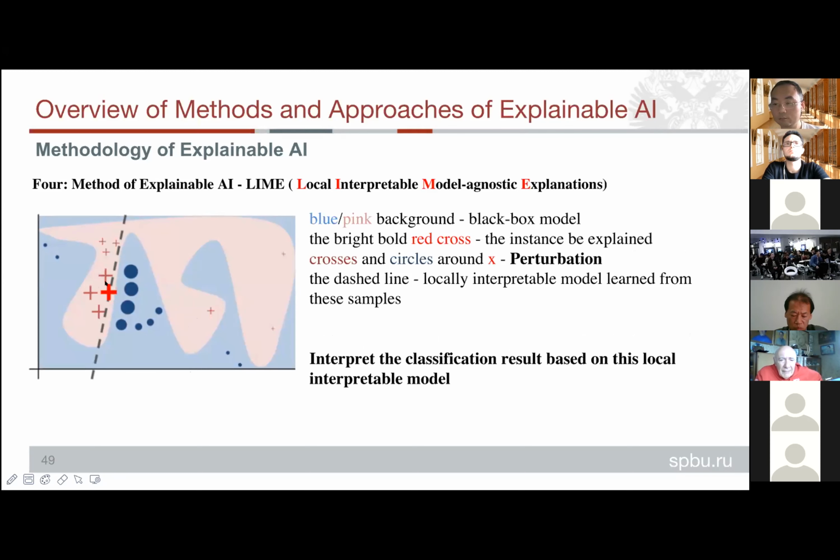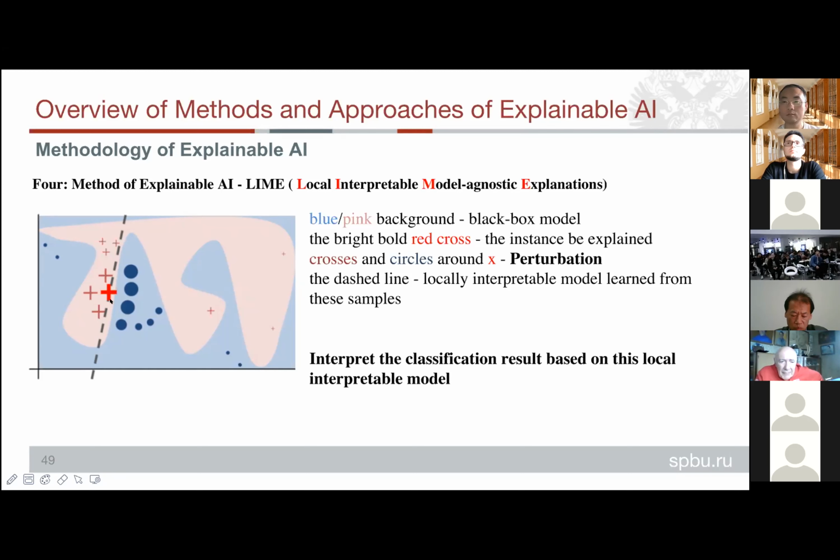The bold red cross in the picture is the instance to be explained. It is difficult to approximate and fit it with an interpretable model from the global scope. But when we go from global to local, we can find some parts that can be fit with linear models.